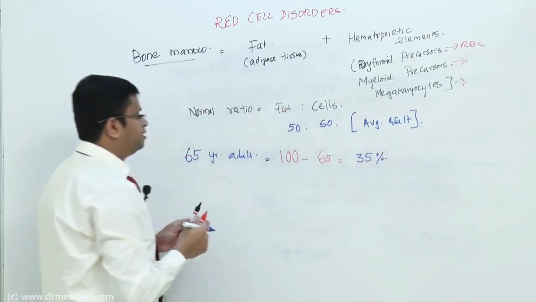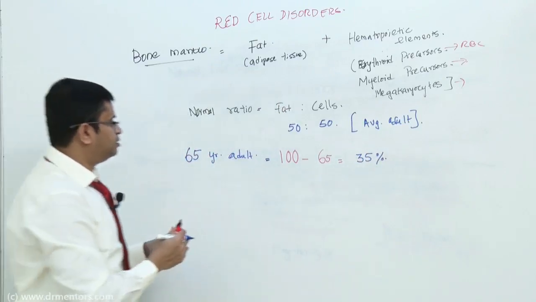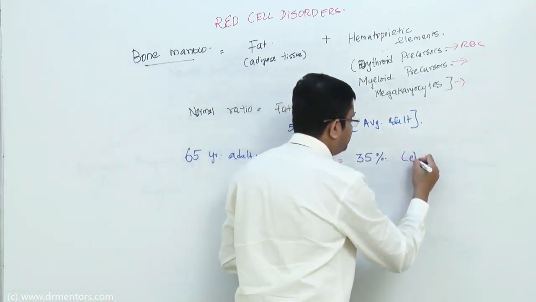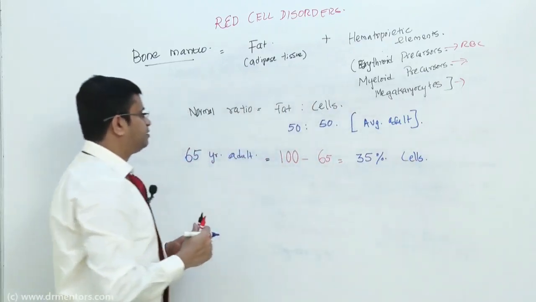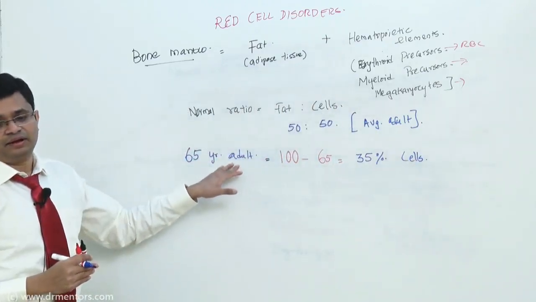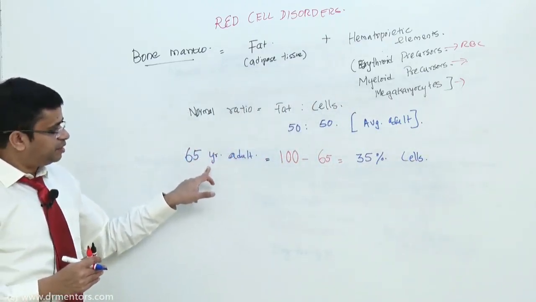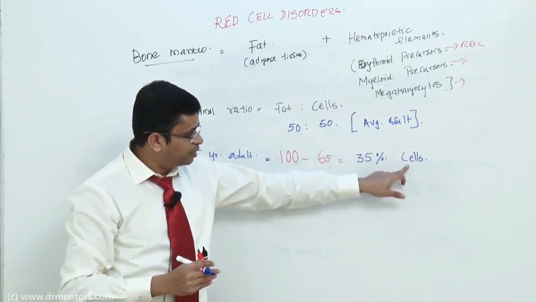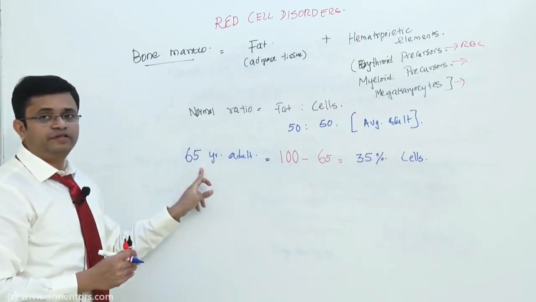So his cells will be only 35% in a 65-year-old adult. This is the percentage of marrow cells at the age of 65.